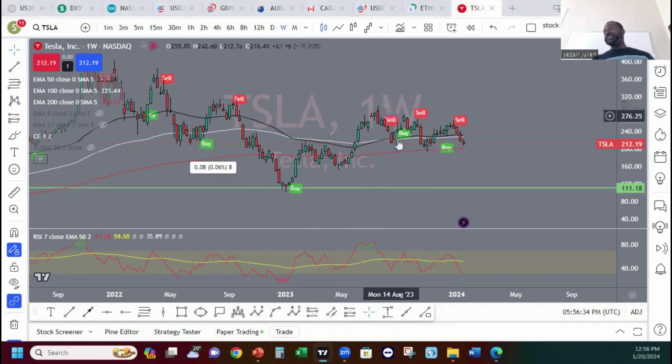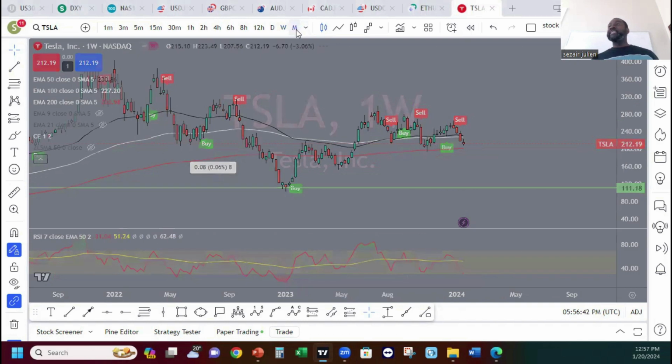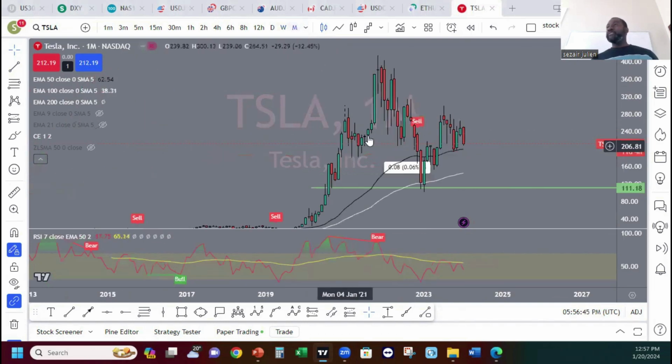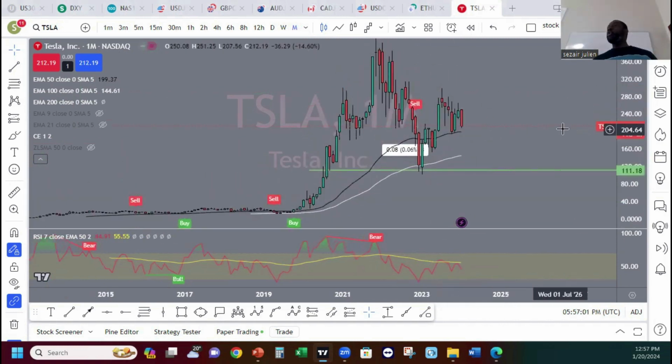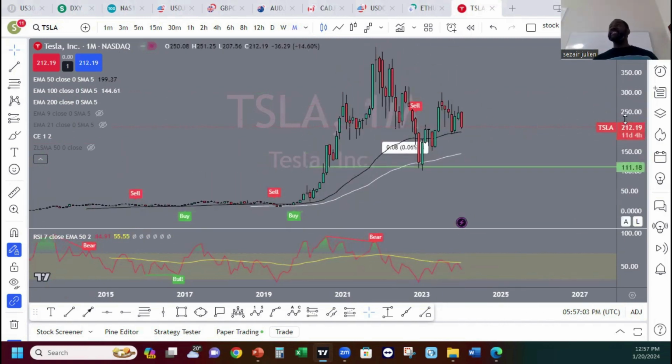And right now, as you can see, price is about $212. This is the weekly time frame. If we go to the monthly time frame, the highest price has been here, almost $400 in Tesla. And the last low went to about $100, and it went up. Now you can look at this. You can see the whole history of Tesla in this chart.